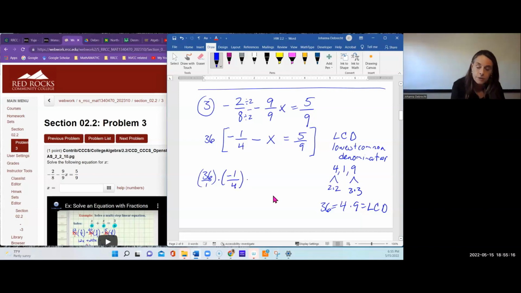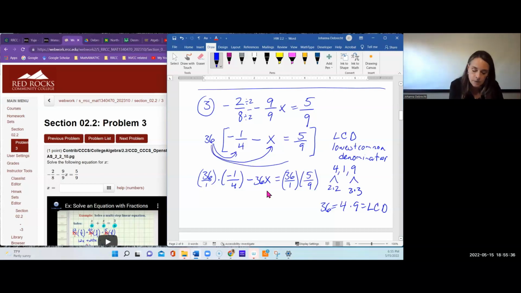Then we multiply the 36 by negative x, and that gives us negative 36x. Then we multiply the 36 over 1, if you want to think of it that way, by the 5 over the 9. Remember that we are distributing. This is the distributive property again. So we're distributing this lowest common multiple across every term on both sides of the equal sign.